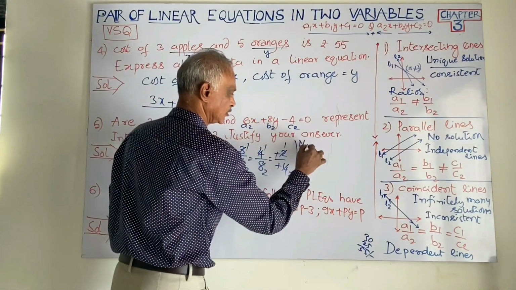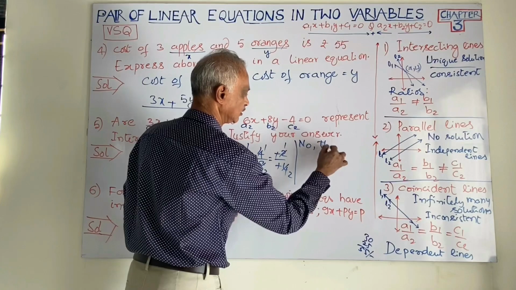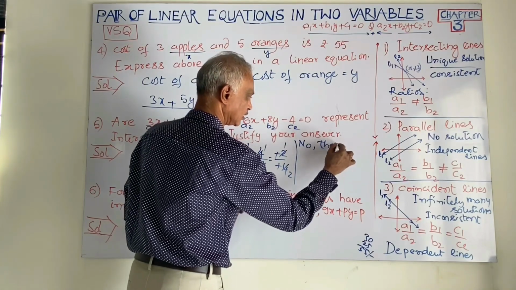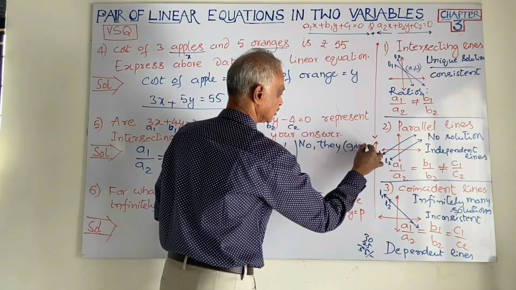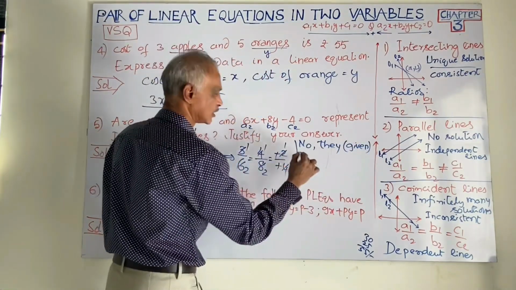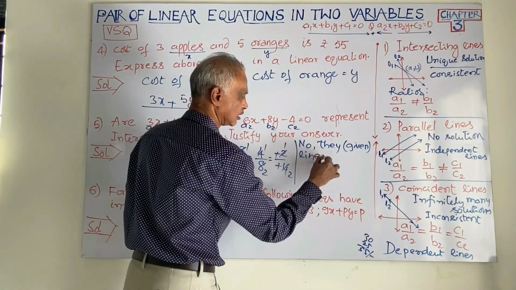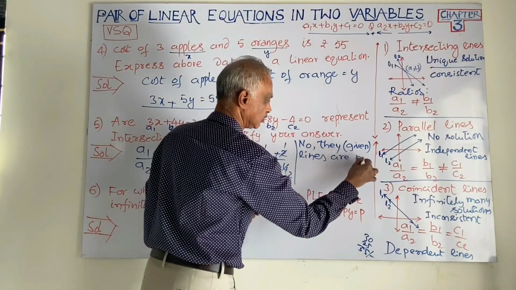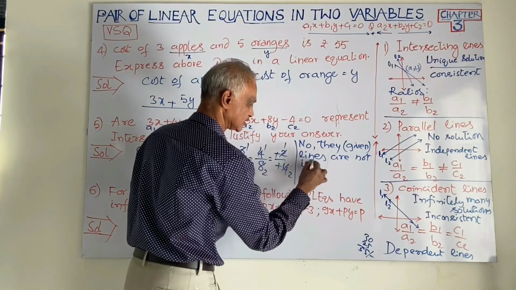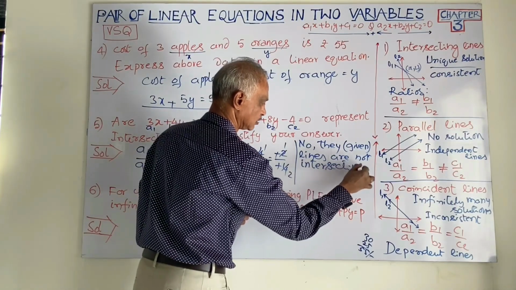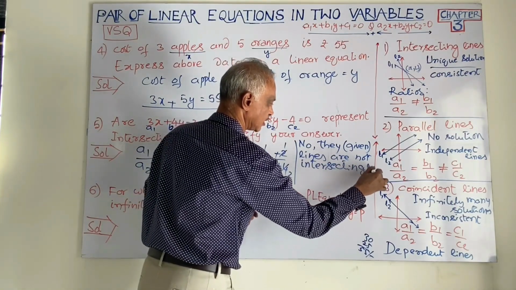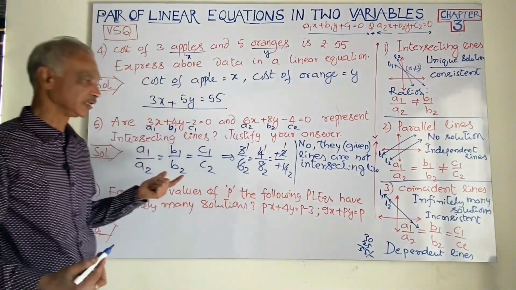No, they are not. The given lines are not intersecting lines. Then what are they?